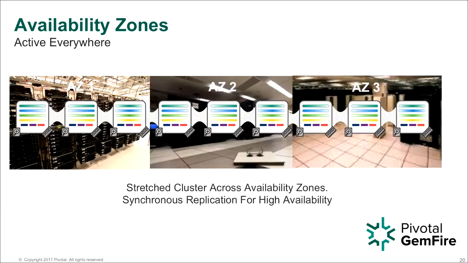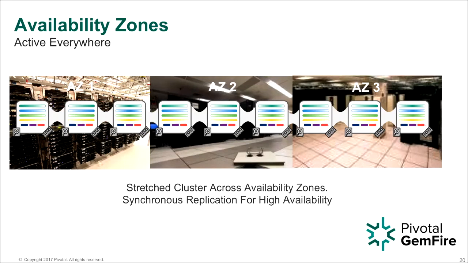Availability zones. The example in this slide shows a 9-node GemFire cluster spread across 3 availability zones. Availability zones could be just separate racks or could be very closely located data centers with a very good metro area network connecting them. Each availability zone in this example hosts 3 nodes of the GemFire cluster.